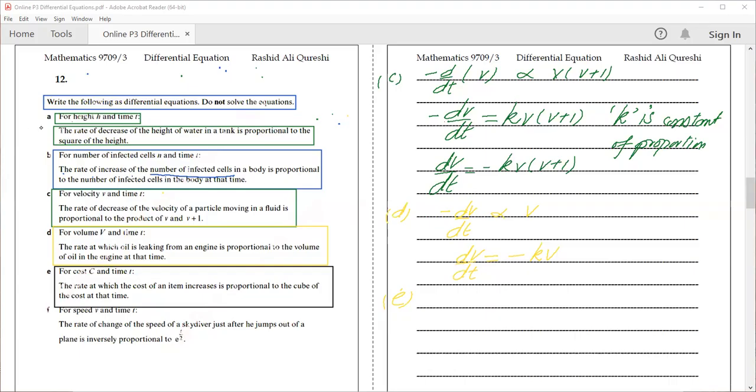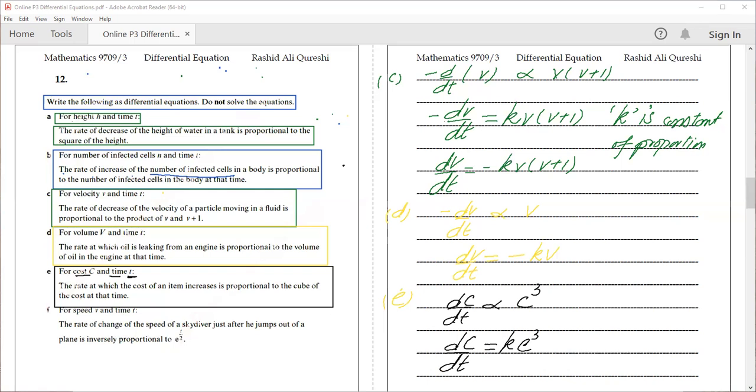Whenever we have the word cost, this means C. And whenever we have the word time, this means T. So the rate of increase of the cost, dC by dt, is proportional to the cube of the cost, C cubed, and dC by dt is equal to k times C cubed. C shows the cost and k is the constant of proportionality.